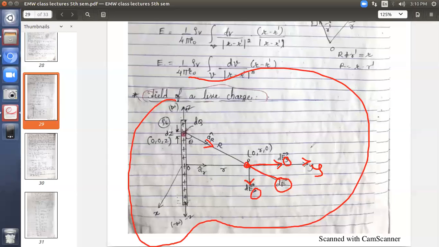Okay, what was important here? Out of these two, if you remember the derivation which we discussed in the previous session, out of these two components, which one will exist and which one will go? Tell me.